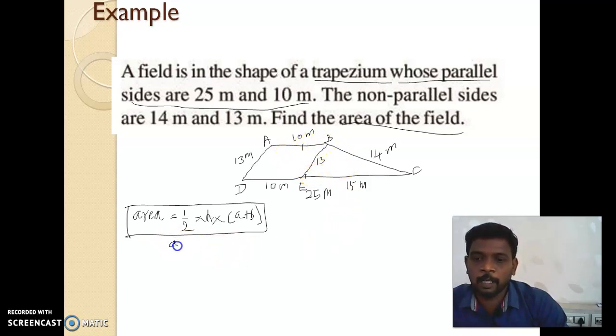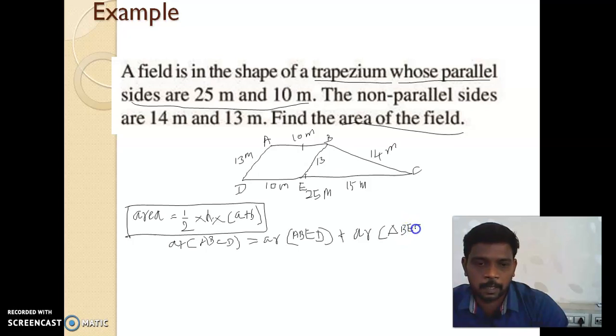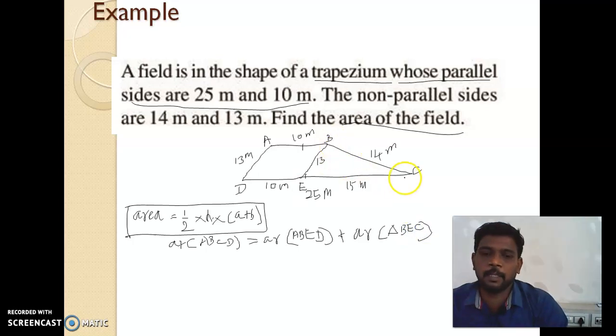So the area of the trapezium ABCD is split into the area of parallelogram ABED plus the area of the triangle BEC.